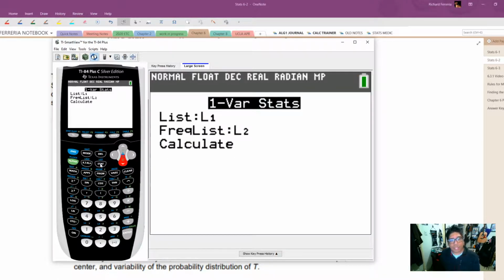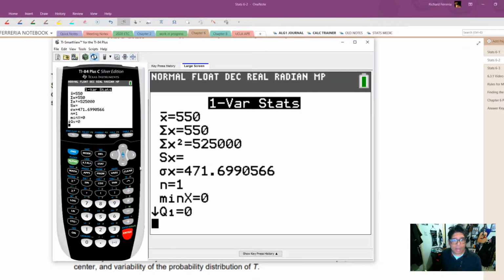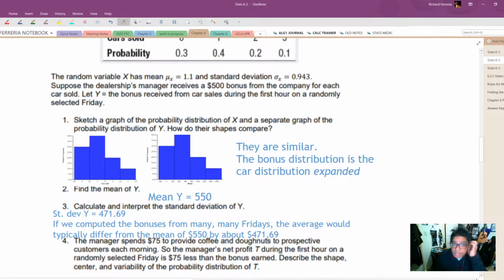This time we change the frequency list to L2, push Calculate. Now this is going to give me the mean and the standard deviation, the super shortcut way on the calculator. So that mean is $550 and the standard deviation is 471.